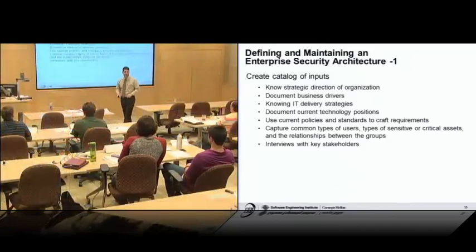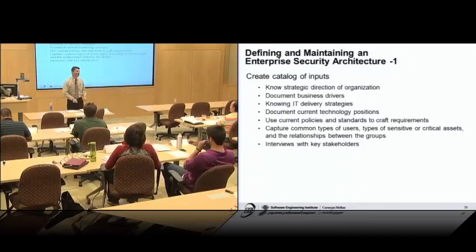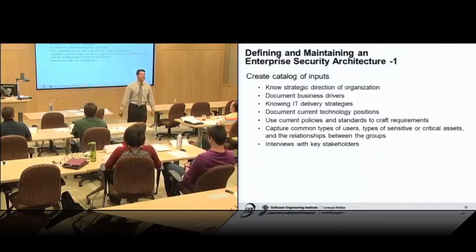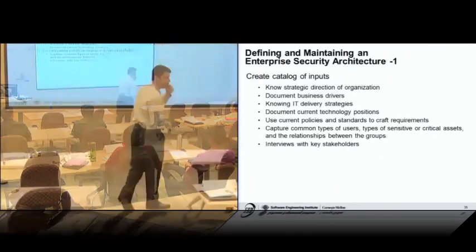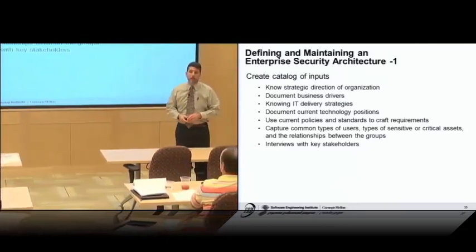I have. That's a fun process. You know what they all end up saying? We're going to do stuff. We're going to be the best. Oh, we're gonna rock, man. We're going to be better than everybody else. Is that real strategic direction? A little fuzzy, I think. Document your drivers. What's a driver? What's a business driver?